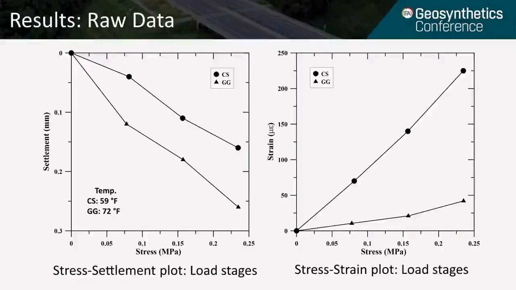We also know that asphalt mixtures are viscoelastic under small strain conditions, which is a function of time and temperature, which basically means that the temperature significantly influences the resilient modulus of the asphalt, which in turn influences the settlement and strain values.